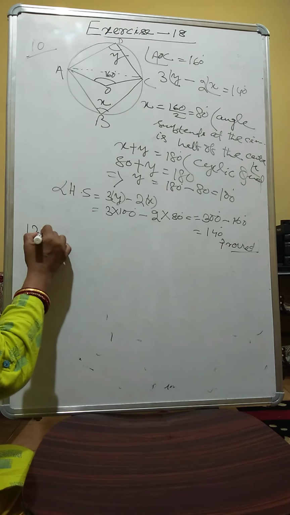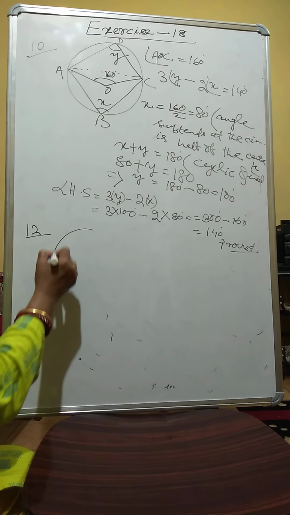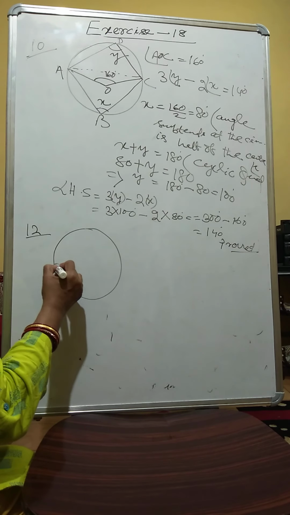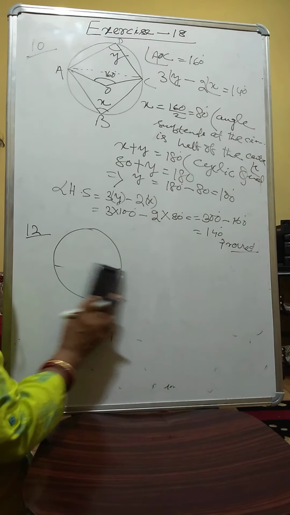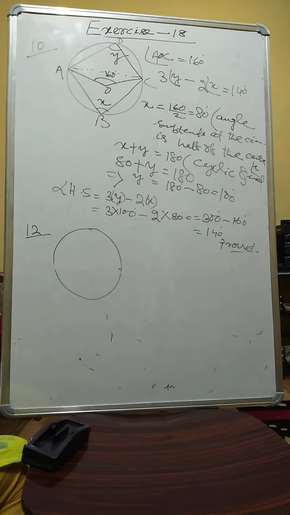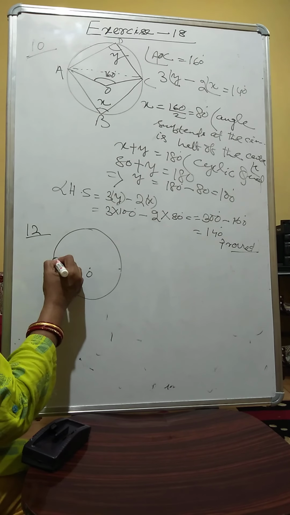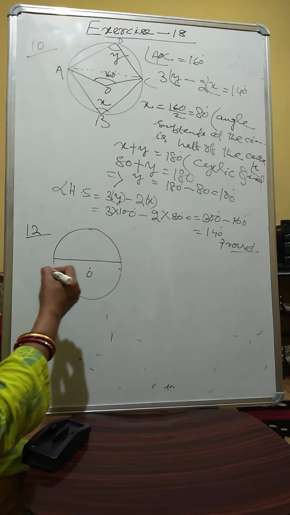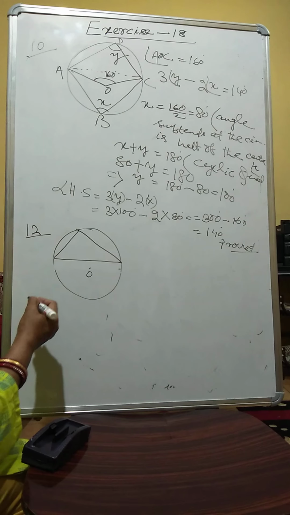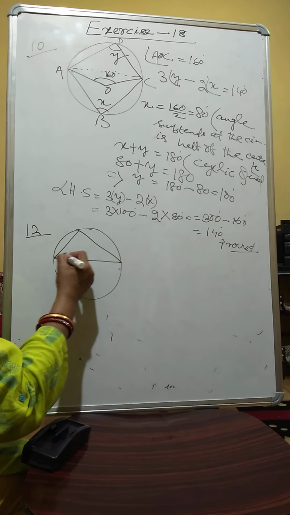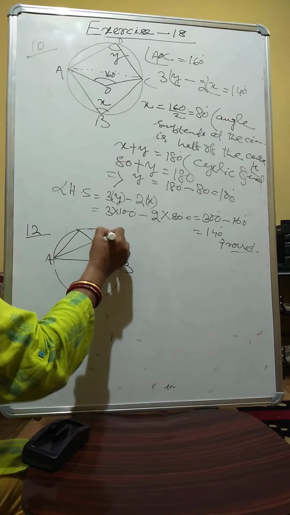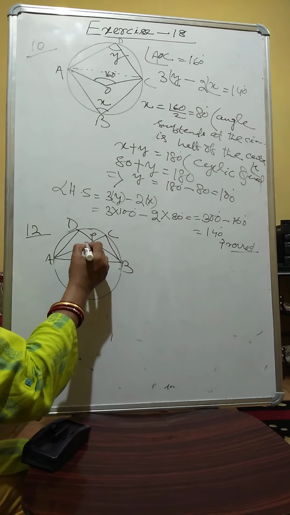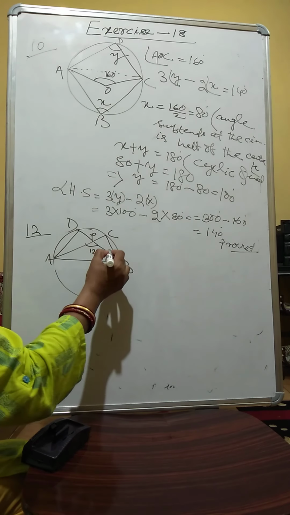Then children, I am doing question number 12. O is the center, this is P, this is 120, this is 25.